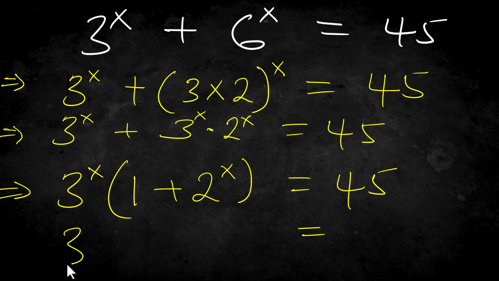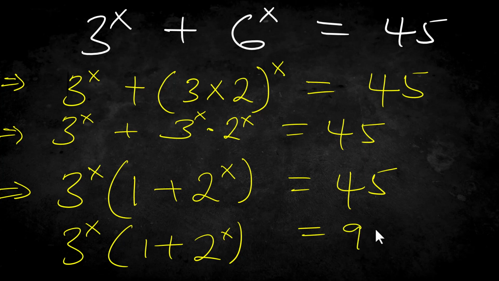So 3 raised to the power x times 1 plus 2 raised to x, so 9 times 5 is 45. Okay, so if I do this, it means the first term here corresponds to the first term here, and 1 plus 2 raised to x will also correspond to 5.